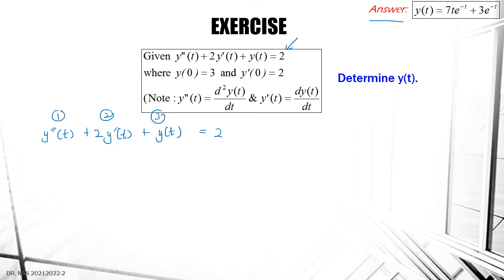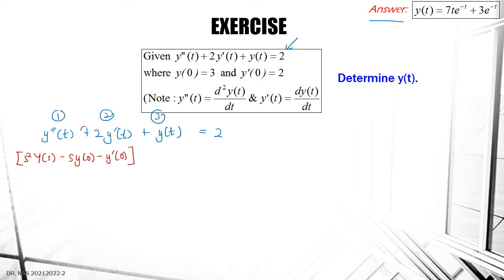So y double prime, meaning that you have s to the power of 2. So this is Ys minus, don't forget, this one is minus s y naught minus s to the power of 0 y prime naught.